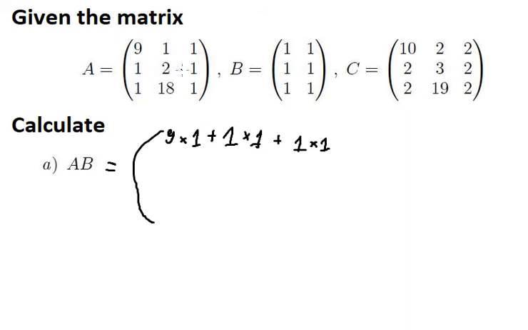Now we have 1 2 1 with 1 1 1, so that should be about like this.